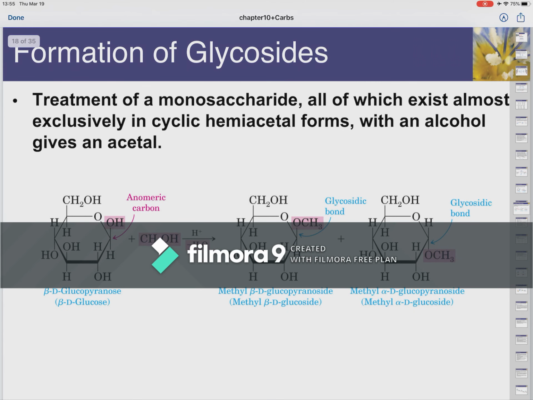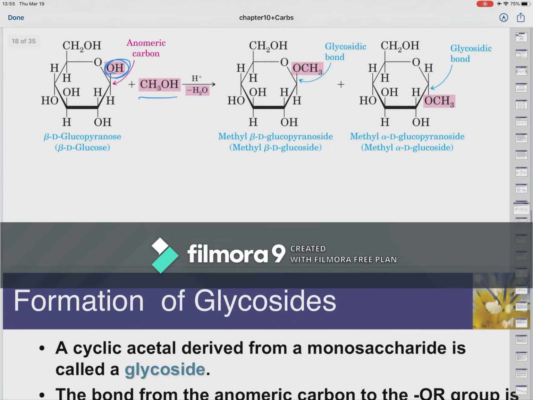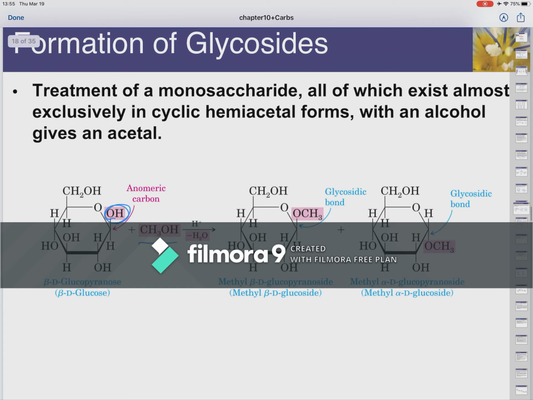So glycosides are what happens when we get an acetal from our hemiacetal. And so remember, a hemiacetal has a hydroxyl on it, and it'll react with an alcohol. And so we can form what are called glycosides. We can form glycosides by reacting alcohols with our anomeric carbon.